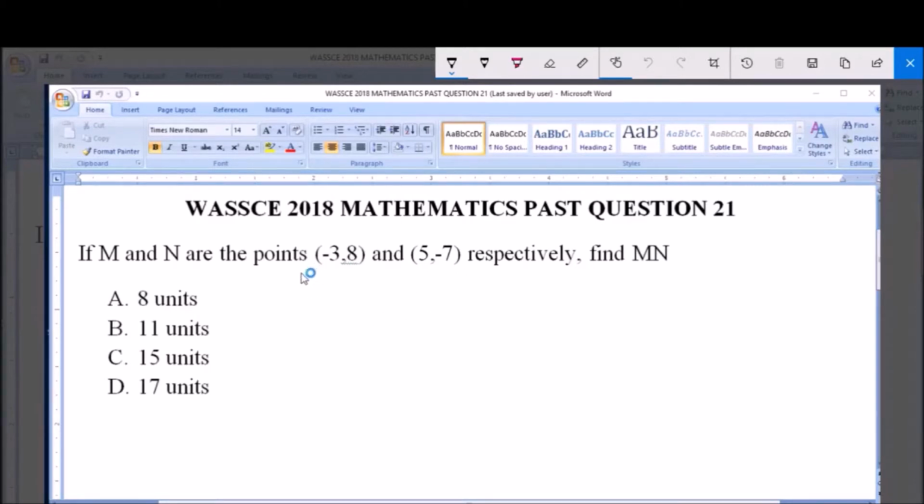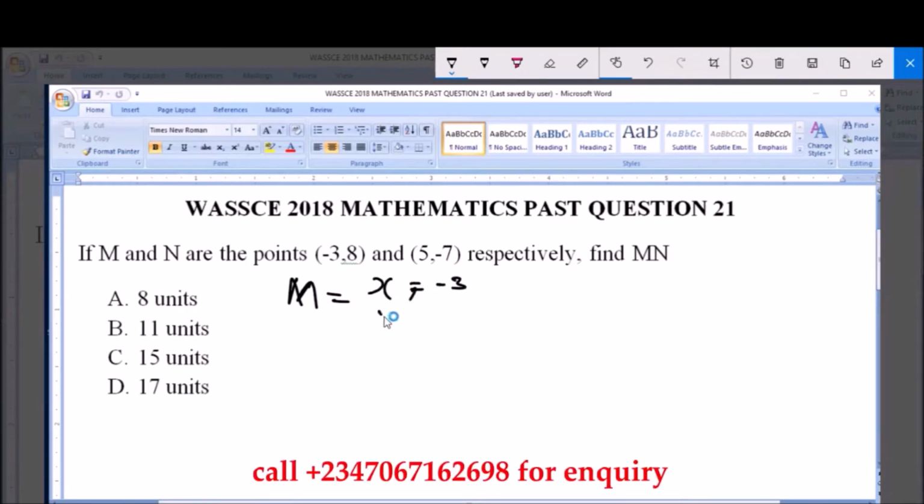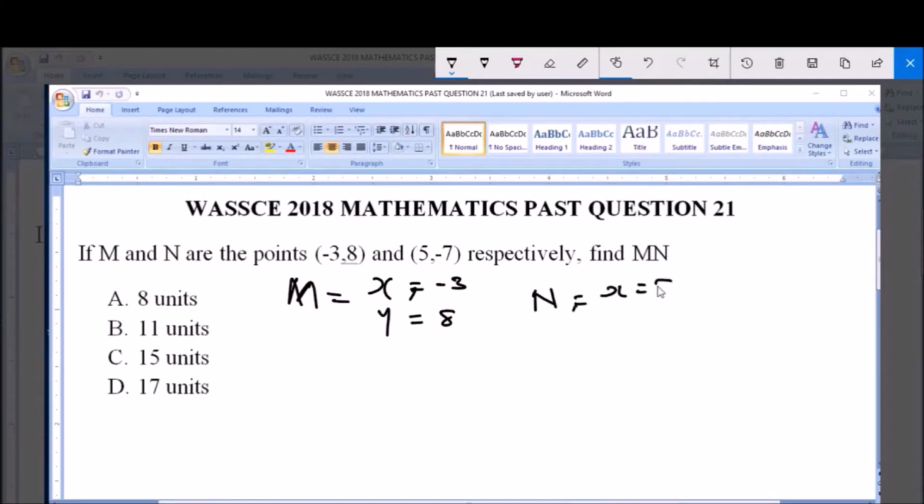Now we're given the coordinates of point M to be, so for point M x is equal to minus 3 and y is equal to 8. Now for point N, x is equal to 5 and y is equal to minus 7.